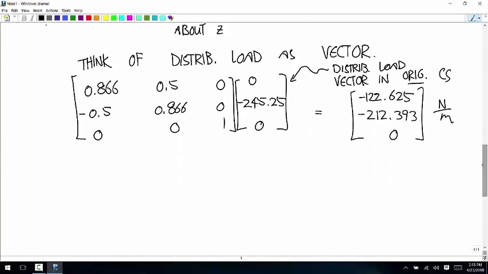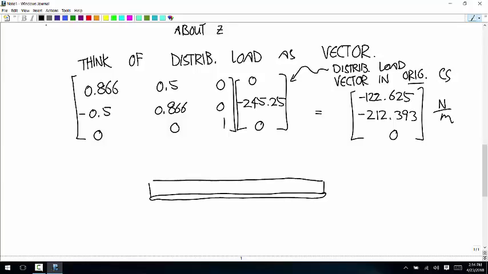Okay, so now after you do that coordinate system transformation, we have two components to the distributed load. We have a horizontal component that's going this way with a magnitude of 122.625.